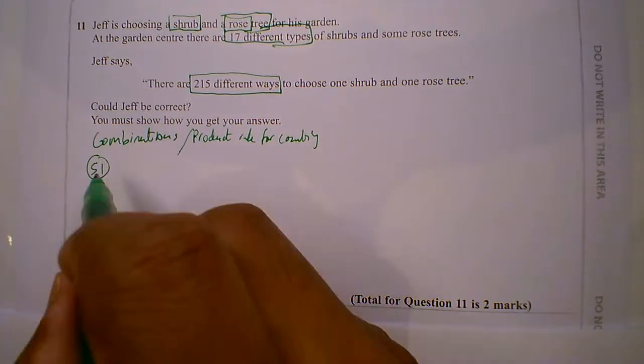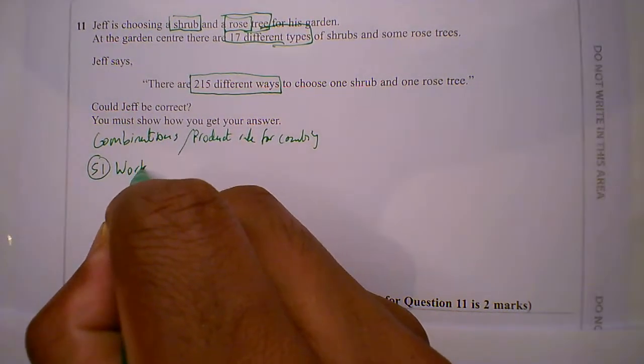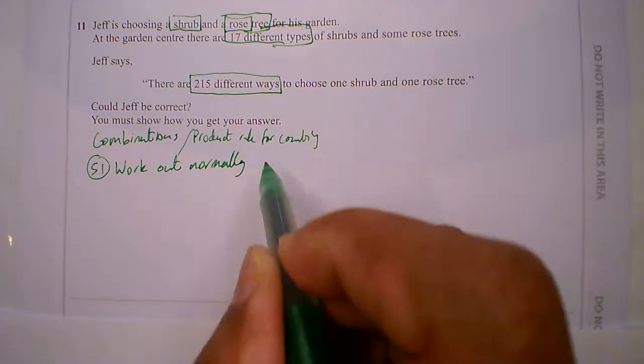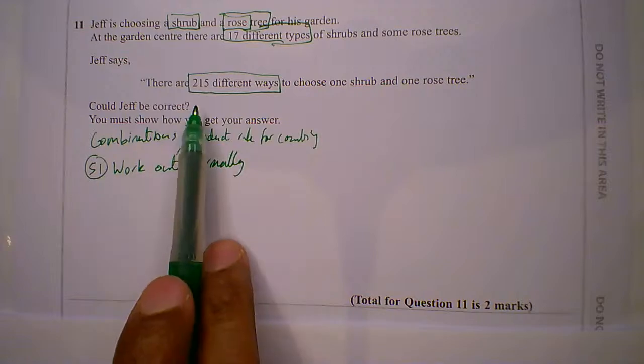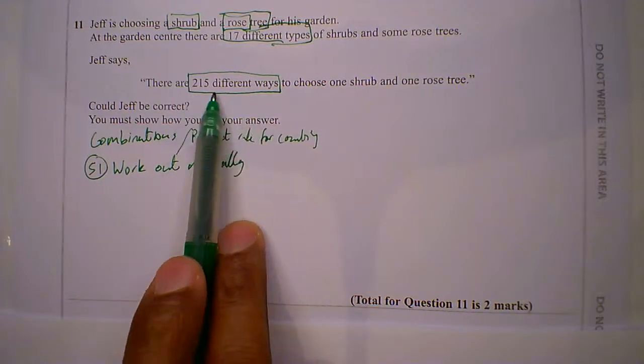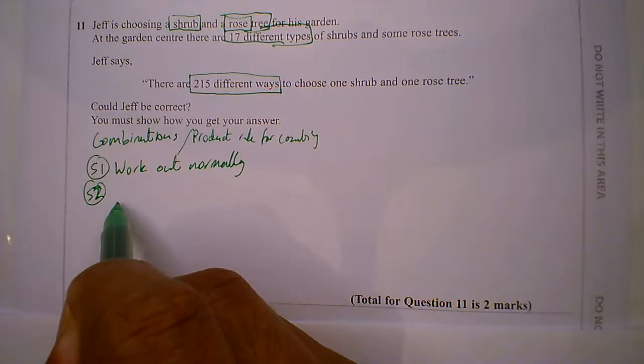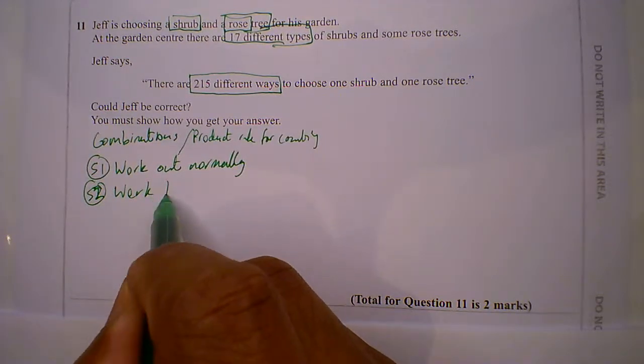So I'm going to do this normally, work out normally. And it's given me, there are 215 different ways. So it's a bit like the previous question. I'm then going to work backwards.